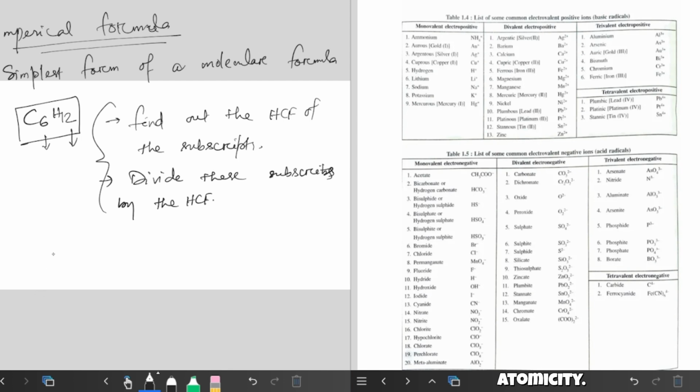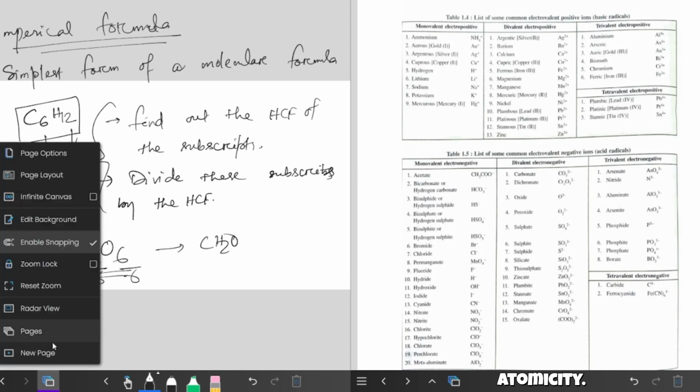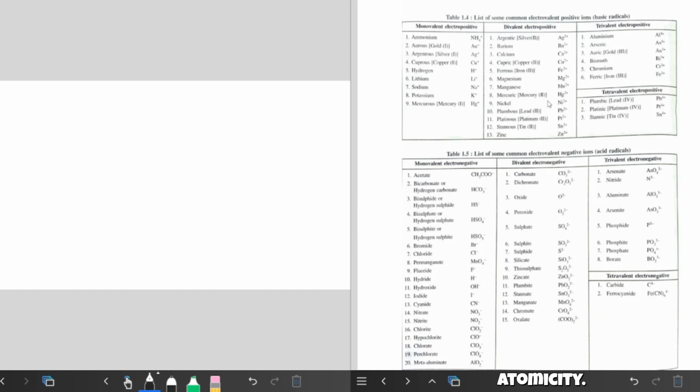Now let us find out the empirical formula of C6H12O6. You see what will be the HCF here? 6. So I can divide by 6, by 6, by 6, so it will become CH2O, right? CH2O. Let me write the empirical formula of a few compounds, like suppose NH3.